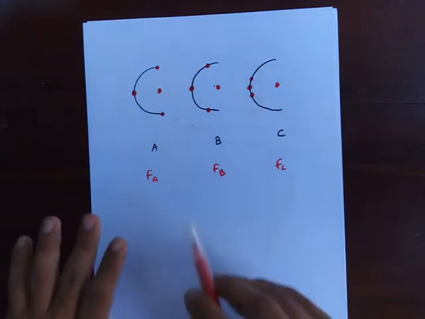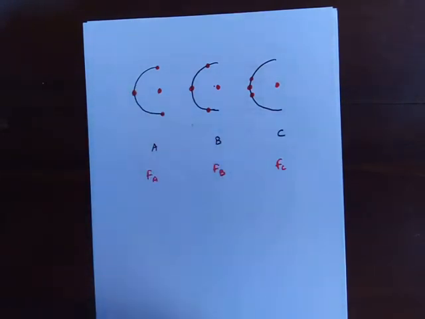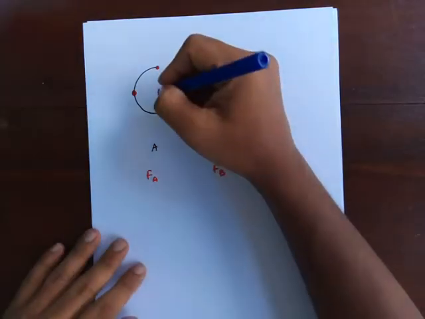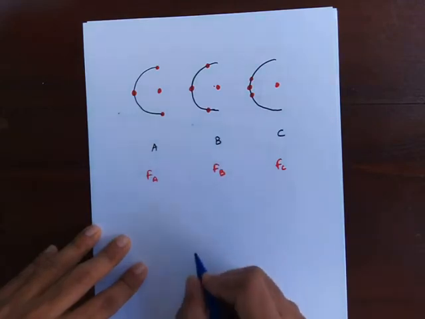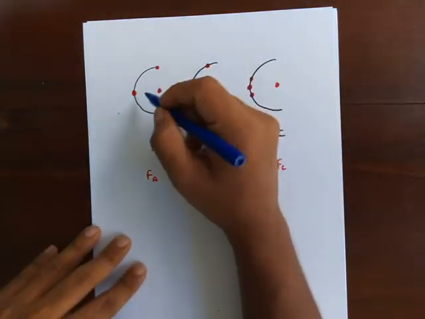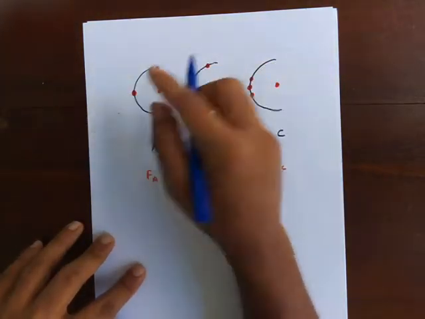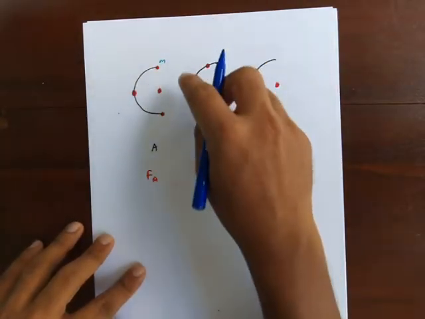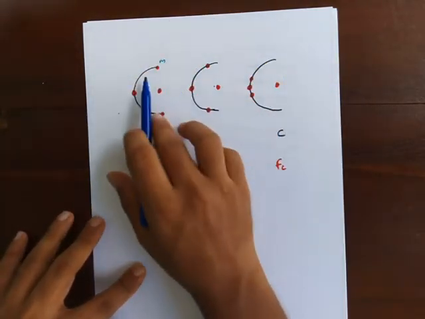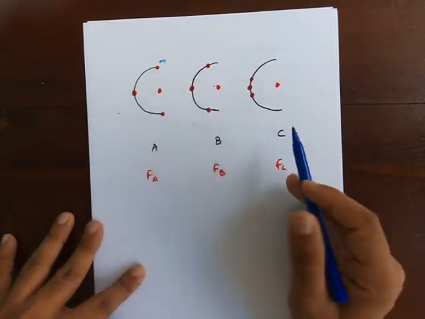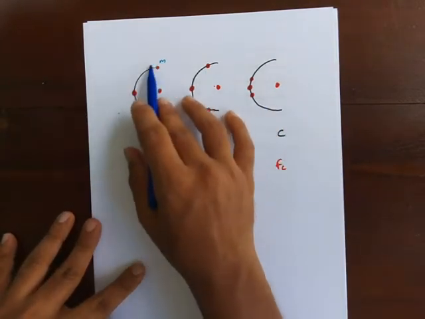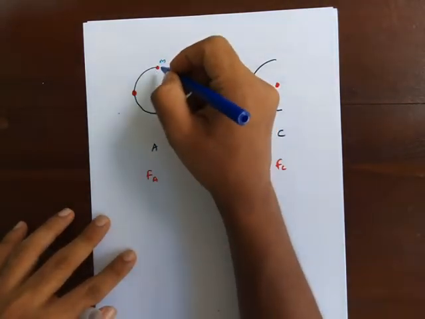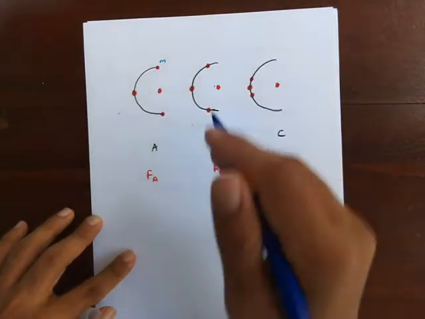If I consider this first one, the force acting on this will be the gravitational force between two particles. Let's say each has mass m. Since all particles are identical, each particle has mass m, and since the particles are on the circumference of a circle, the distance from each particle to the center particle is also the same.